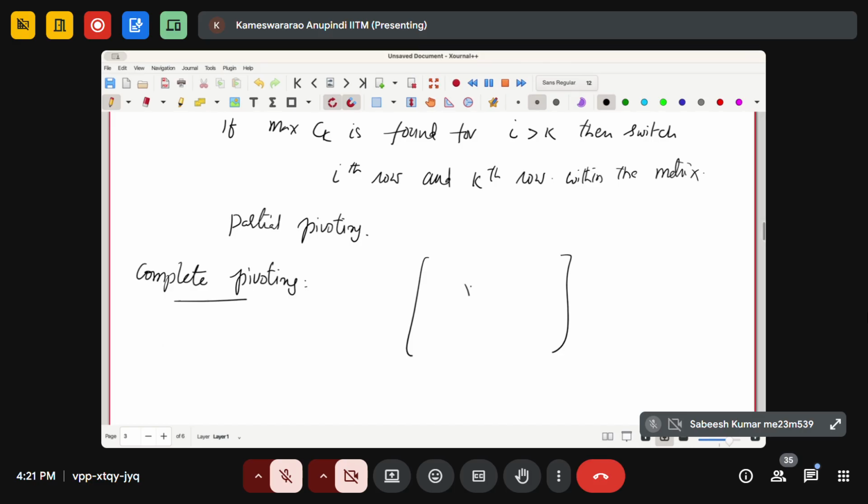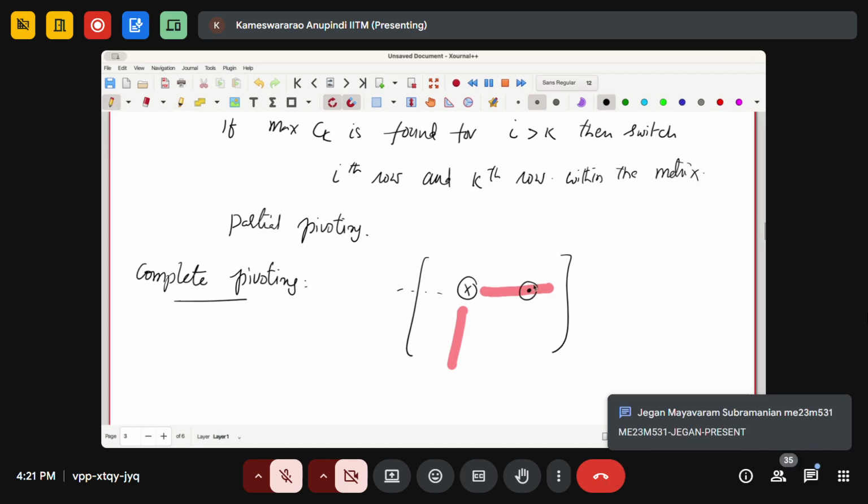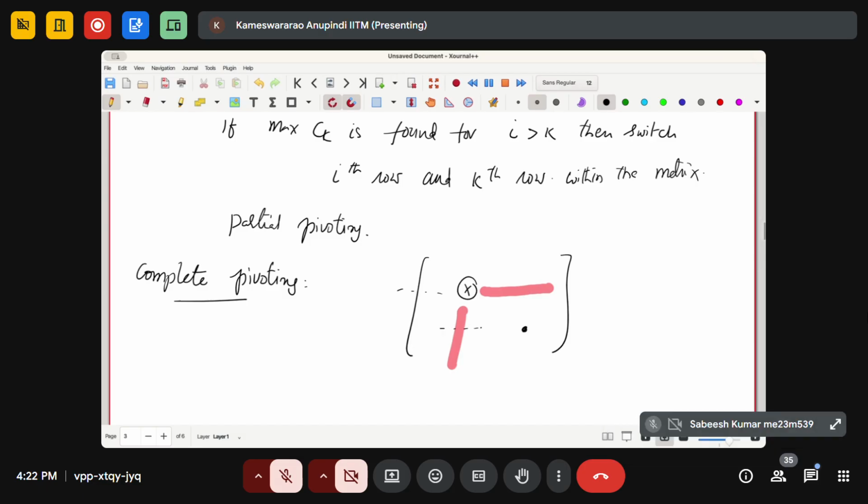For example, let us say I'm looking at some particular row. I'm going to look at all the elements in this row, in this column, as well as in all the rows that are there. Okay. If the largest element is found somewhere here, in some row, then I'm going to exchange this row for this row.